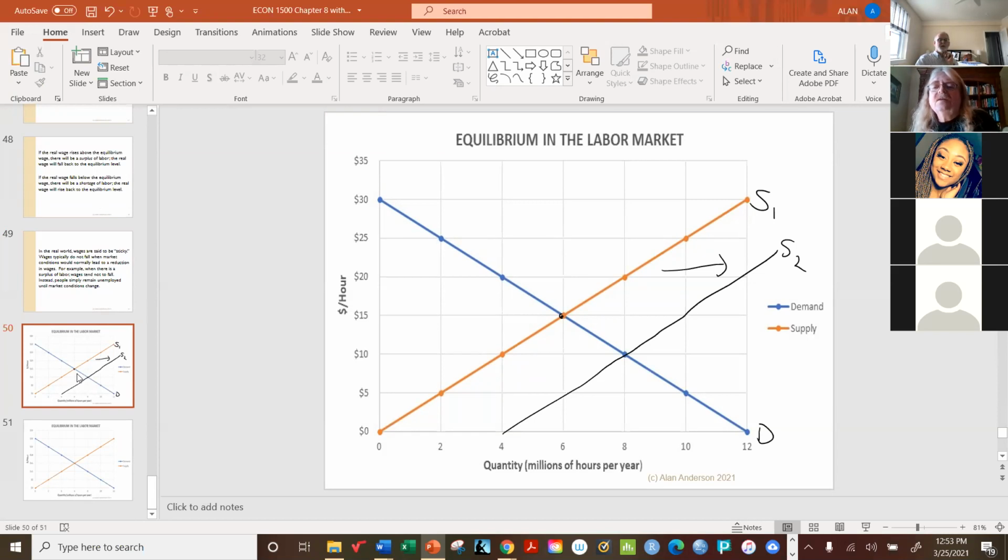And in fact, if you read the news a lot, right now there's a lot of controversy about immigration. This is one of the arguments that people use to keep immigration as low as possible. Their argument being that if we have more immigrants coming in and working, look what happens to the wages of Americans. Listen, there's more people coming in to compete for these jobs, and look what happens to the equilibrium wage level.